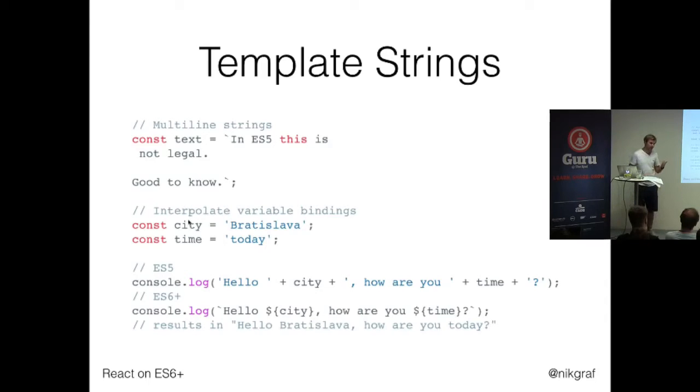So that's the first thing that is now nice in ECMAScript 6. The second thing is interpolation. If you had two variable assignments with ECMAScript 5 and you wanted to print it out in one string, you had to do this really annoying plus, or you even make an array and then you join it.